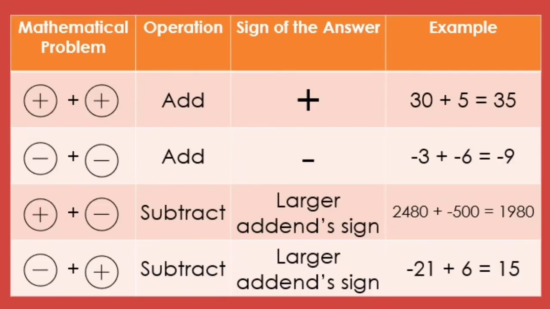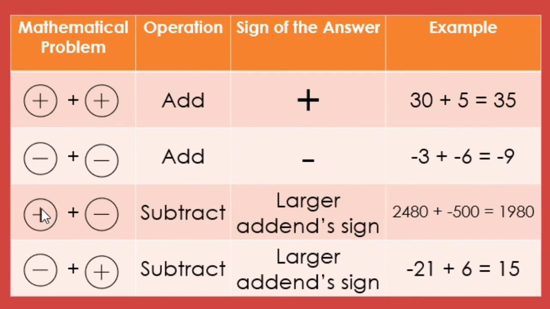So here we have a table to elaborate how do we add signed numbers. So we have positive plus positive. The operation will be add, and the sign of the answer is positive, and here is our example. Next, we have negative plus negative, and the operation is still add, but the sign of the answer is negative, and here is our example.